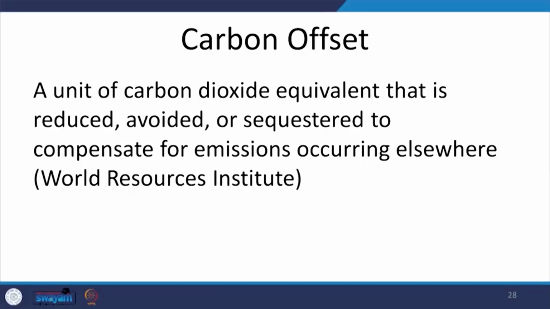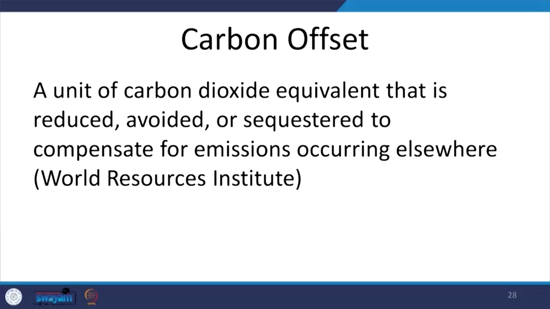This is water footprint. Now, another terminology which is used is carbon offset or carbon sequestration. So, for 1 unit of carbon dioxide equivalent that is reduced or avoided or sequestered, sequestered implies which is captured back to compensate for emissions occurring anywhere elsewhere, is what carbon sequestration or carbon offset is.